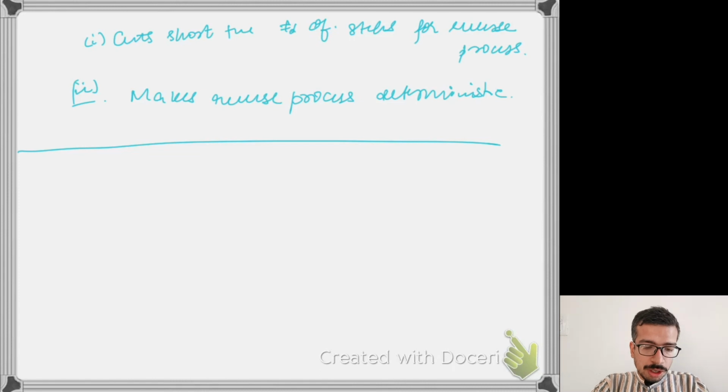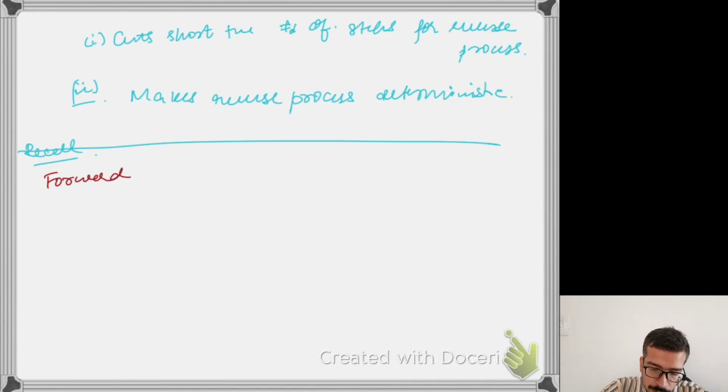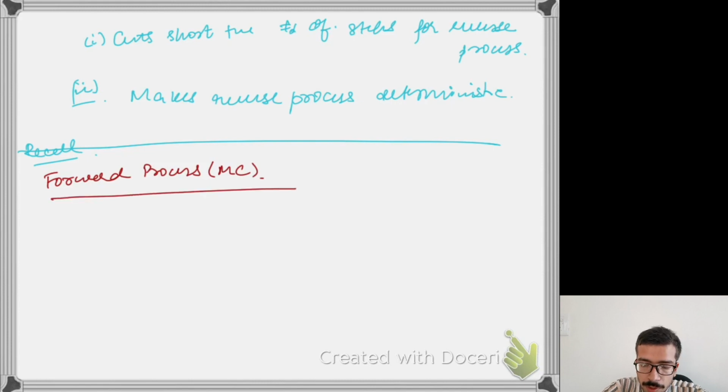So let's recall the idea of DDPMs first. In case of DDPMs, what we have is a forward process which is essentially a Markov chain. For DDPMs, we will show how to give up this assumption of Markovian property.